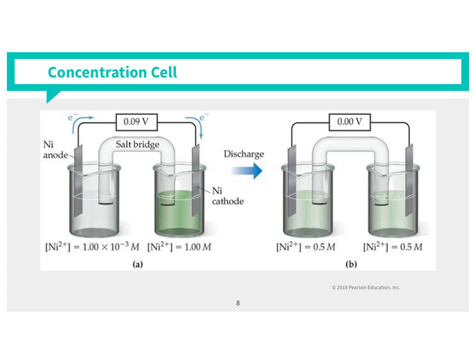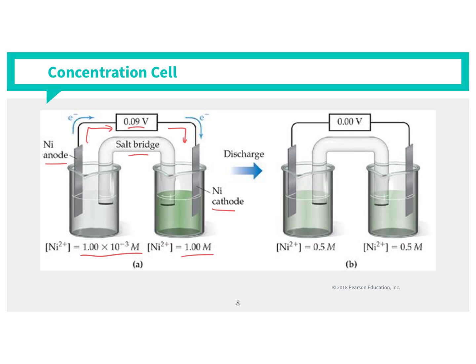And so what we see here is that we have a nickel anode and a nickel cathode. You have a salt bridge, just like any other electrochemical cell, and it goes from anode to cathode with a very small reduction potential, 0.09 is the cell potential. In our anode, the concentration of nickel 2 plus is 1 times 10 to the negative third, but in the cathode, it's 1 molar. Because of this difference in concentration, we still have a current.